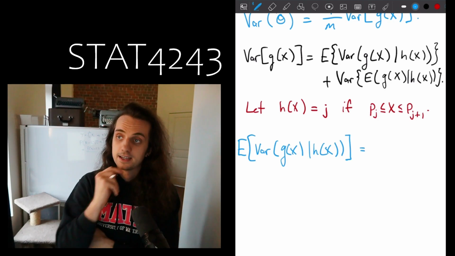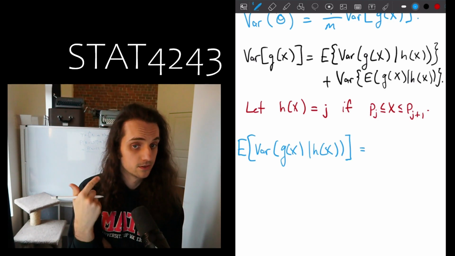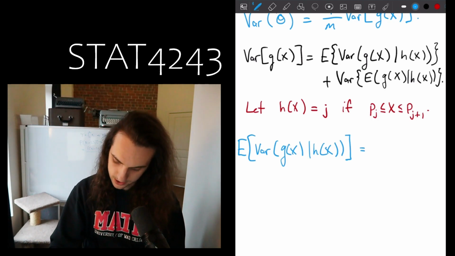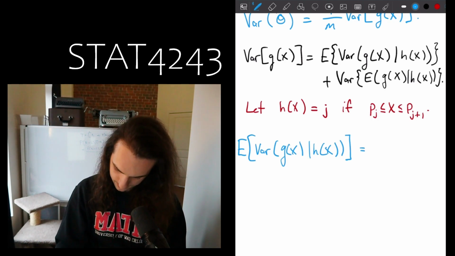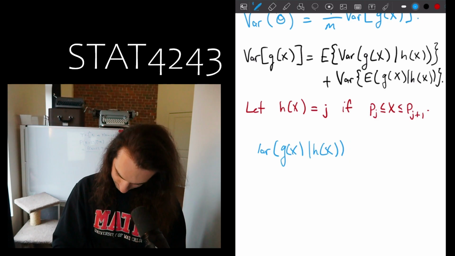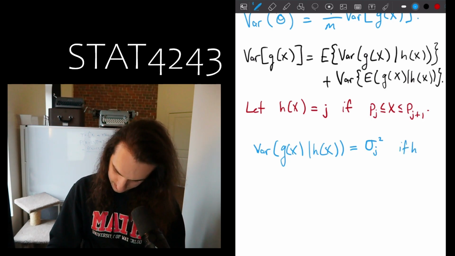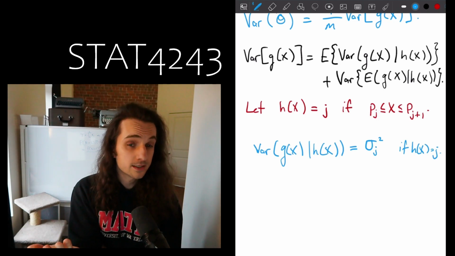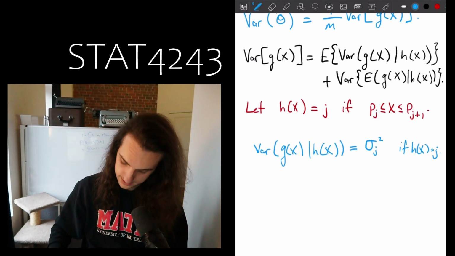Think about, for each of these possible situations, to put it differently, I'll try to frame this more clearly. We know that this variance right here is going to equal sigma j squared if h of x equals j. And so then we need to take the expected value of this.